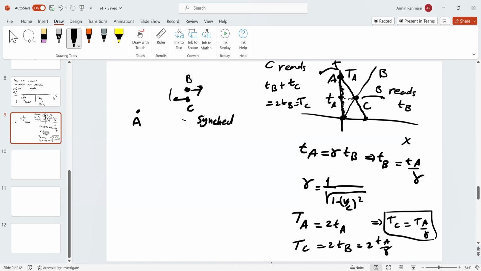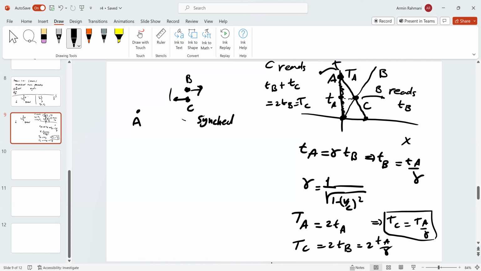Now, that's kind of the easy frame to analyze this. We can analyze this in other frames. So I think what I'll do is the analysis maybe in B's frame. That's possibly the hardest frame to analyze things, because in B's frame, A and C will be moving at different velocities.